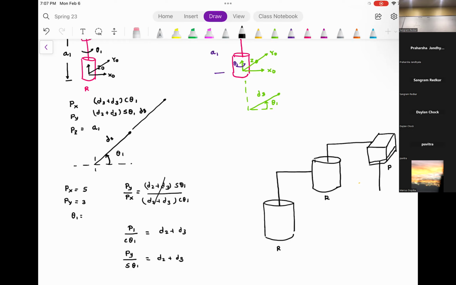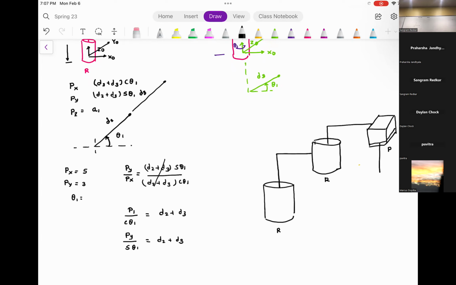Okay. Now, since I showed you two robot arms, can you tell me the forward kinematics of this robot just by looking at it? So I will get you started. So this is Z0, right? This is Z1 and Z2 could be up or down, right?